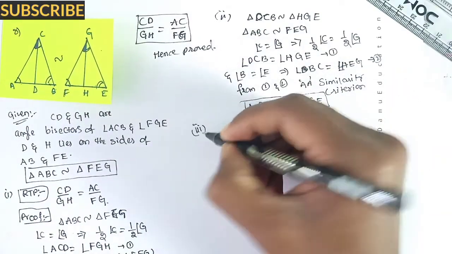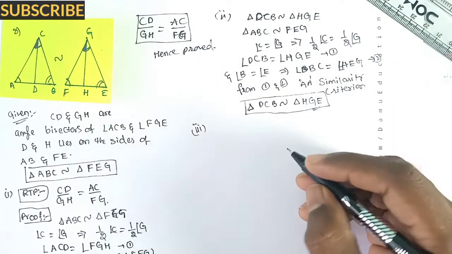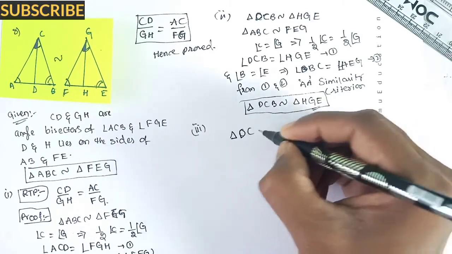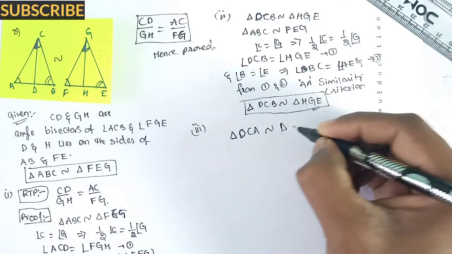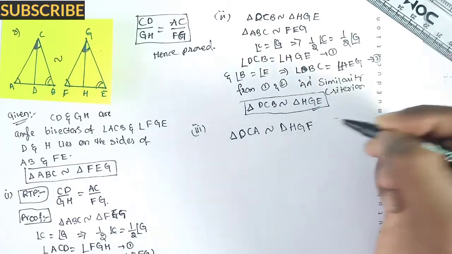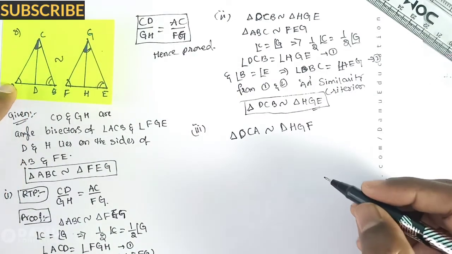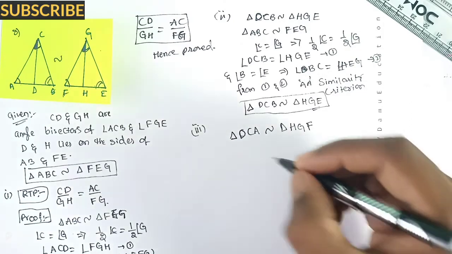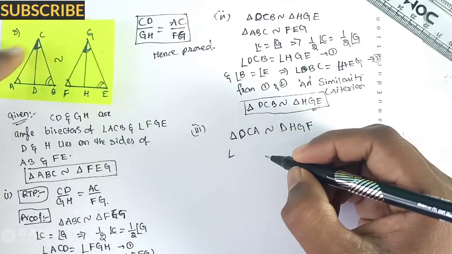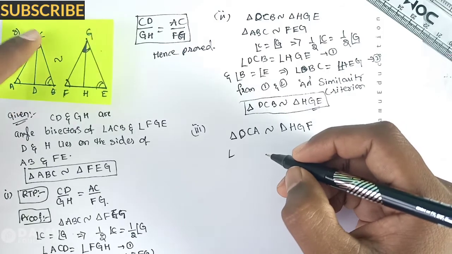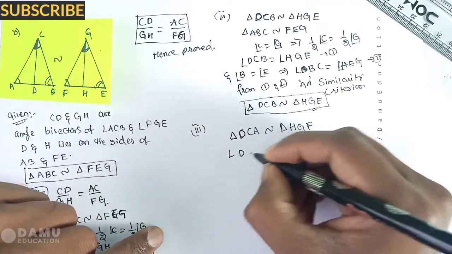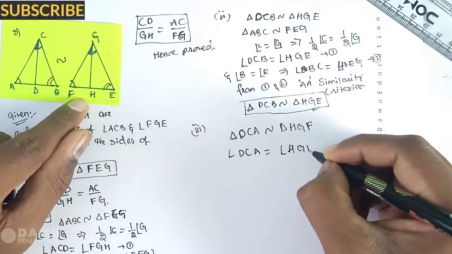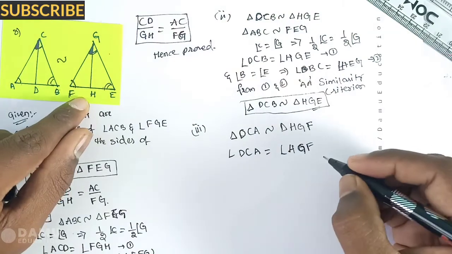Let's take the third one. Triangle DCA is similar to triangle HGF. Here also you can use two conditions. Angle DCA is equal to angle HGF. This is one.